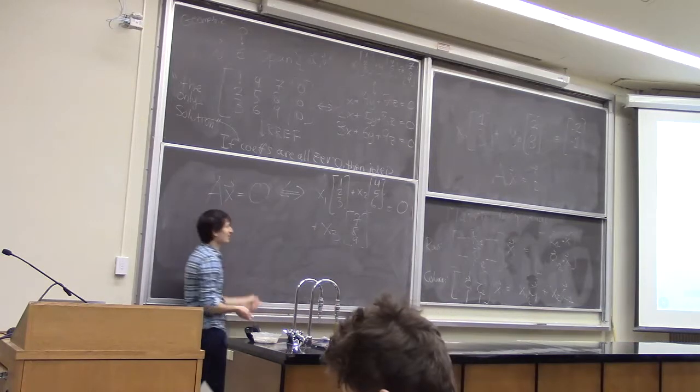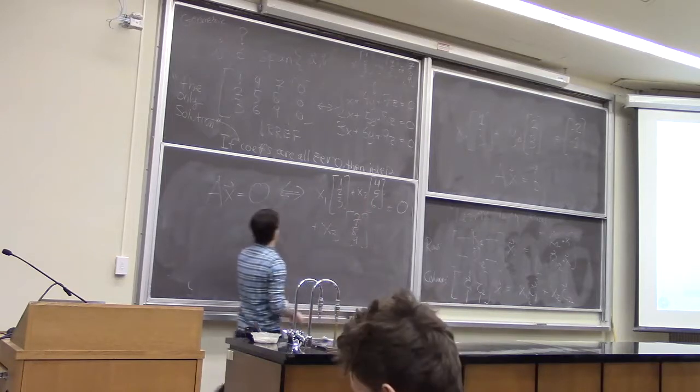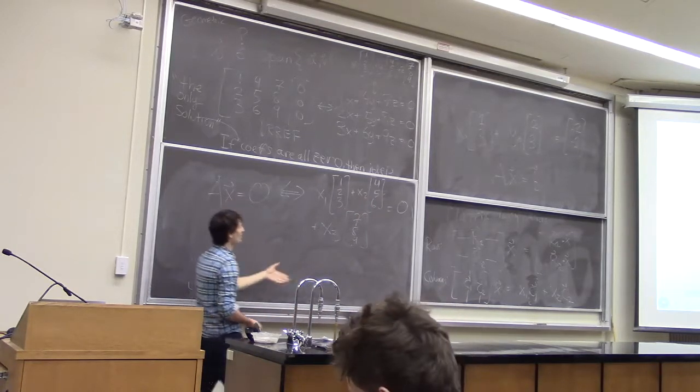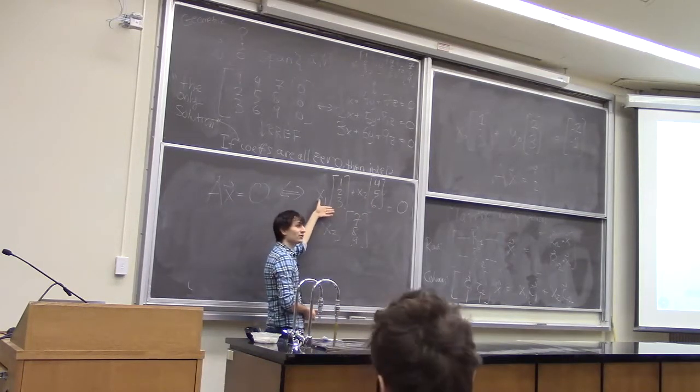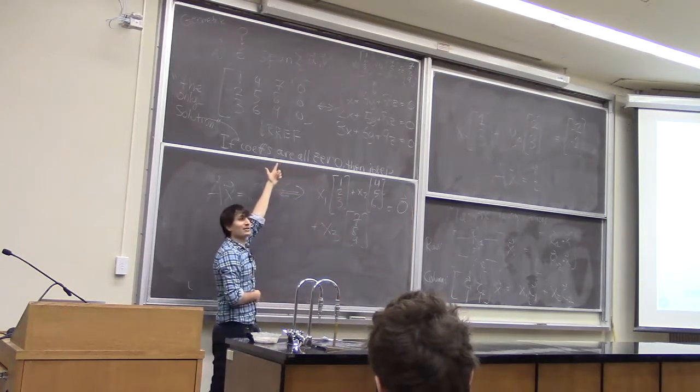Matrix A times vector x is the same as the linear combination of the columns of A. So saying we're looking for a solution where this equals 0 is the same as saying we're looking for coefficients to make this system 0. That's the same as what we said earlier.